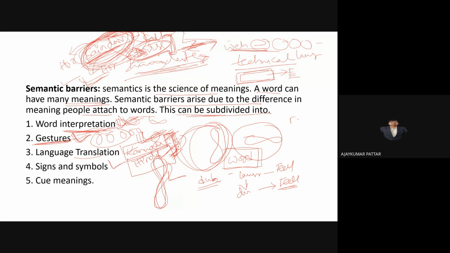And signs and symbols also: different persons will understand them differently at different times. Word translation or word meanings creating such barriers are called semantic barriers.